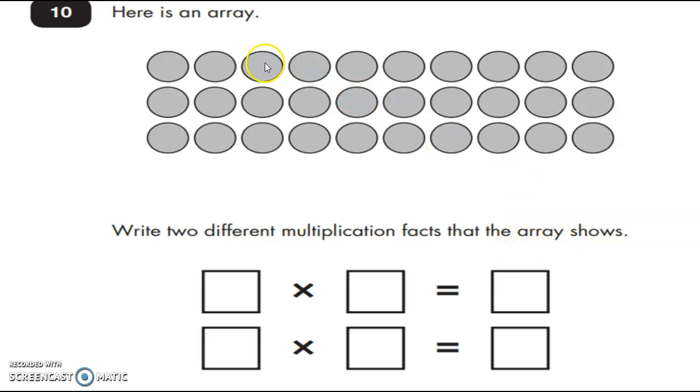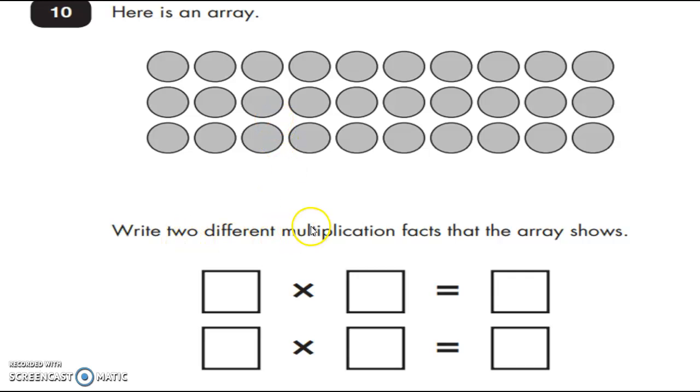So when we're solving this, we need to think about previous lessons where we've looked at what this sign means. You could say groups of, or I want to count in 5s 2 times, so I do 2 5s.